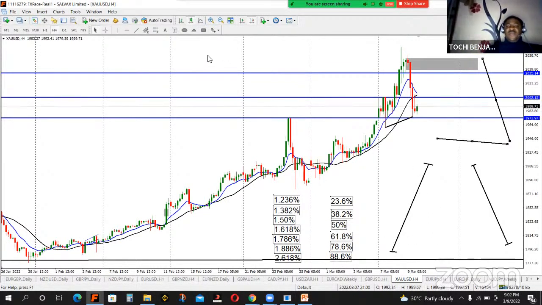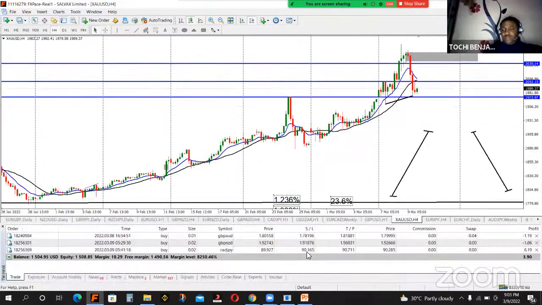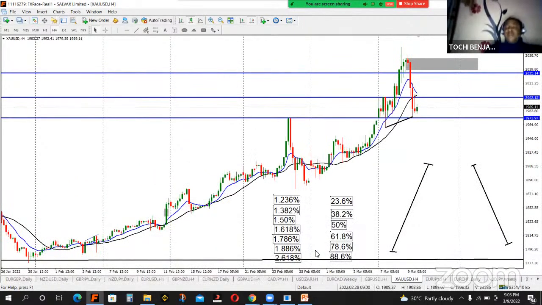We'll go to modify our Fibonacci. We actually don't have much time.